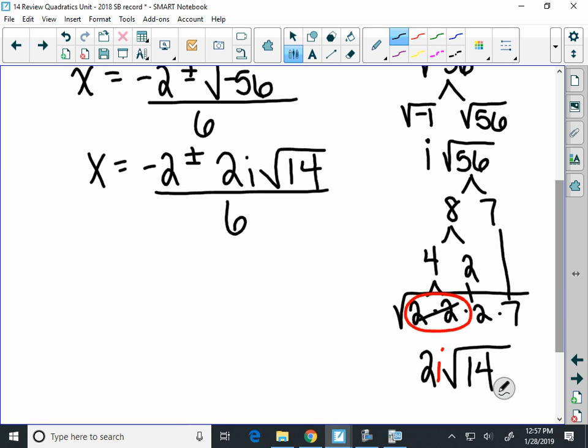Now we can do one more thing. Negative 2 and the 2 and the 6 are all even numbers. We can divide all of our values by 2. Not the square root, only those values that are not in the square root. Negative 2 divided by 2 is negative 1. 2i divided by 2 is 1i.